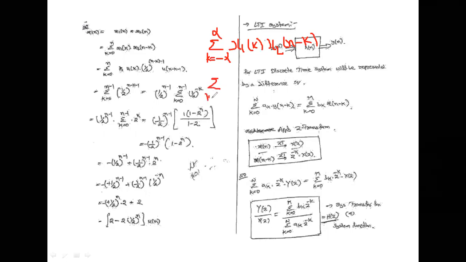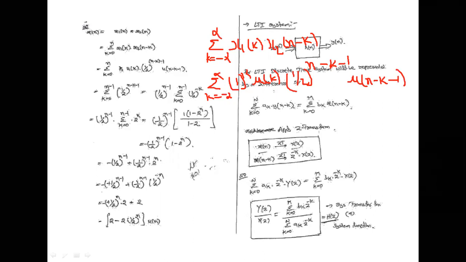Sum of k equal to minus infinity to infinity, 1 whole power k mu of k, and the second function is 1 by 2 whole power n minus 1. Actually, instead of n minus 1, n changes to n minus k minus 1, and mu of n minus k minus 1.